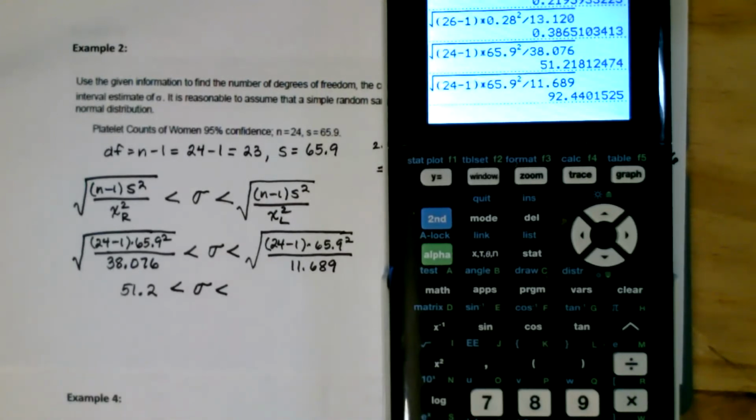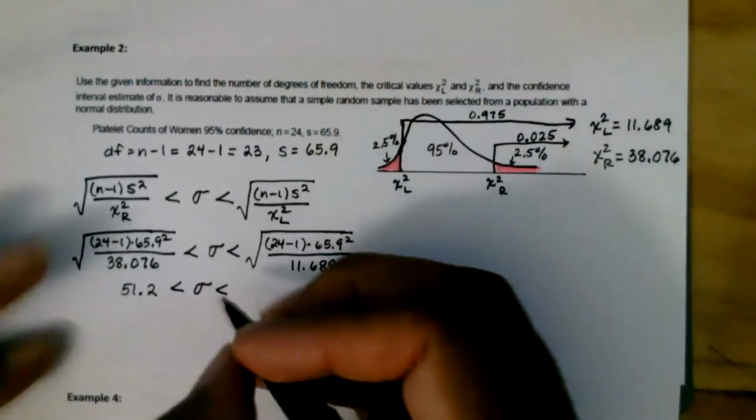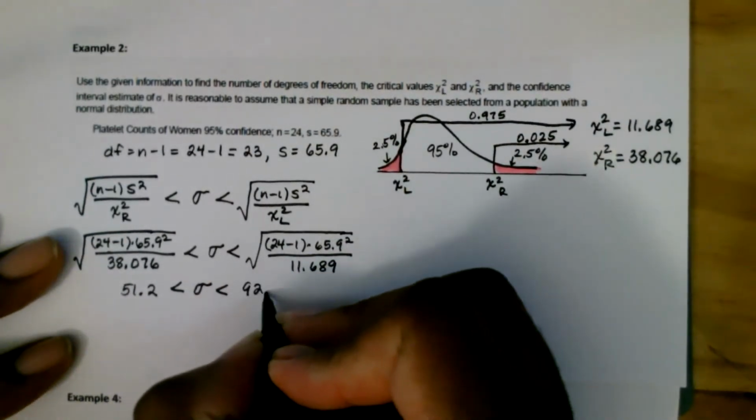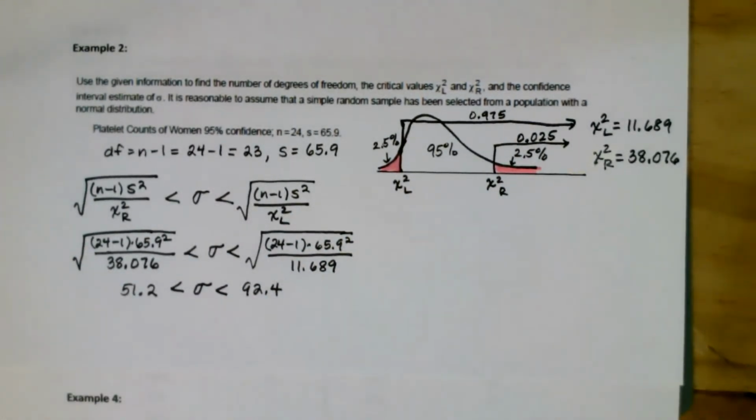And to 1 decimal place, this will be 92.4. And this is our confidence interval. To interpret that, we can say that we are 95% confident that the true standard deviation of platelet counts of women falls between 51.2 and 92.4.